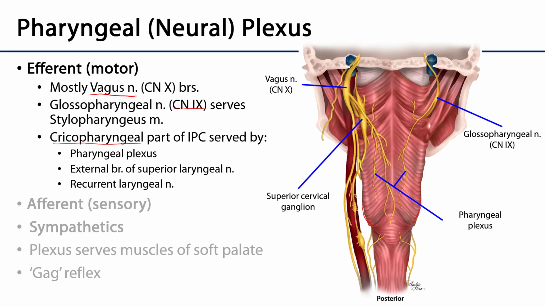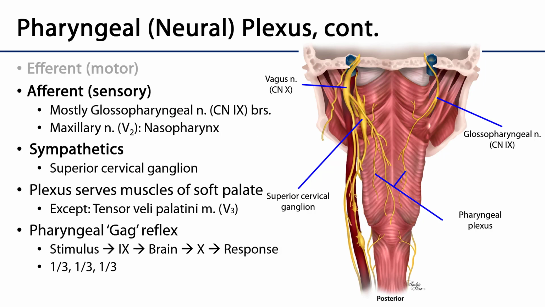So vagus has a lot to do there. Now the afferents. Afferents are largely glossopharyngeal nerve. It's important to note that the pharyngeal plexus is also going to serve much of the soft palate as well.